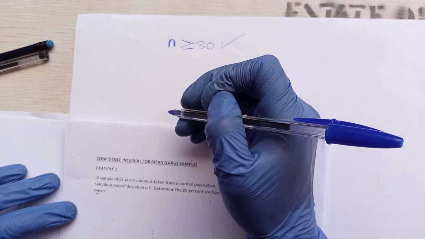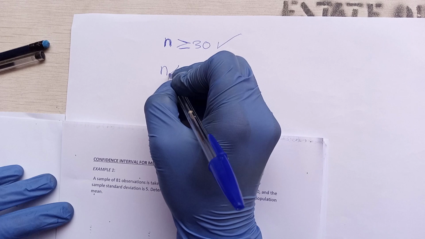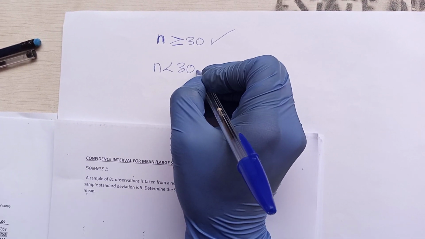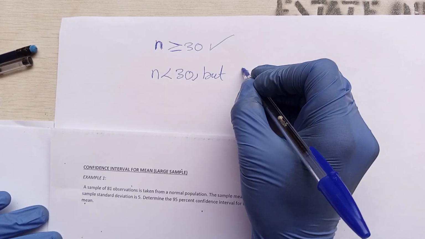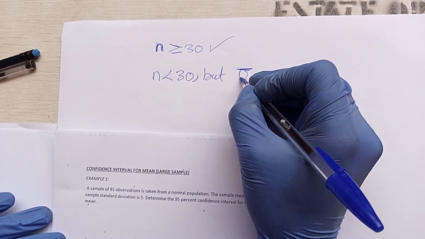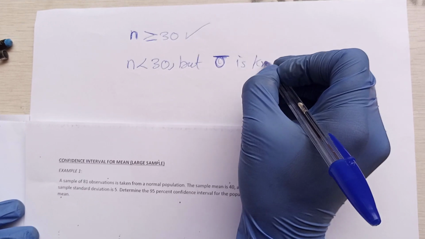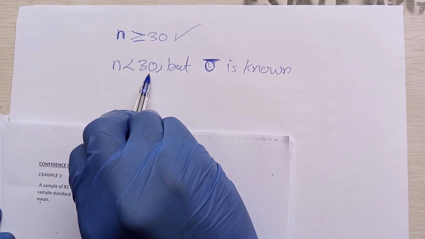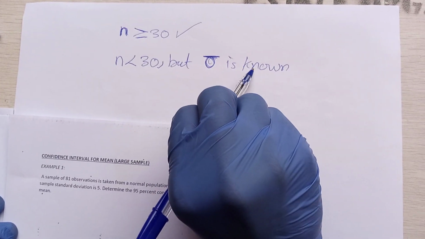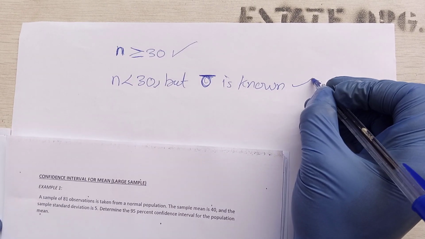Another way in which you can know if something is a large sample or not is that when n is less than 30, but the population standard deviation is known, it's also a large sample.